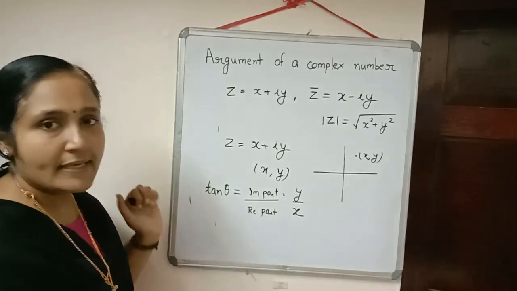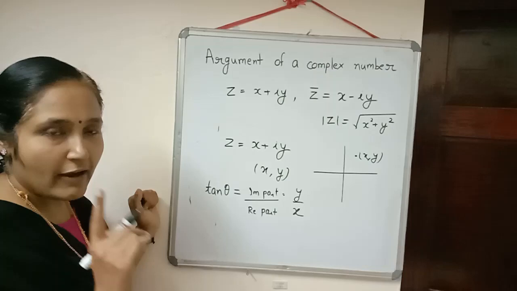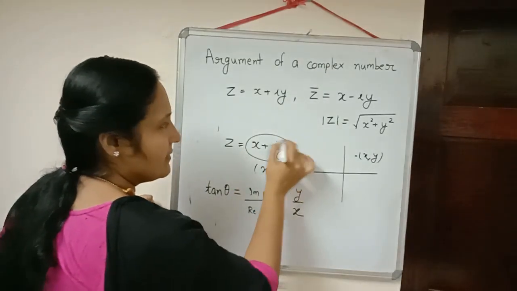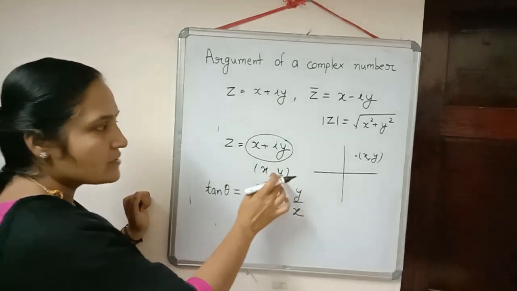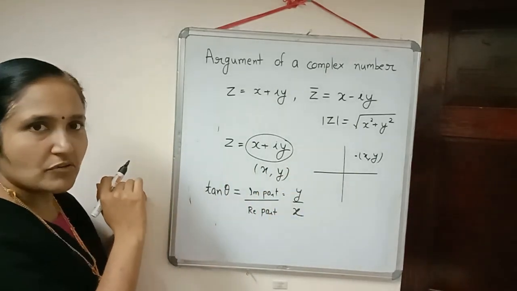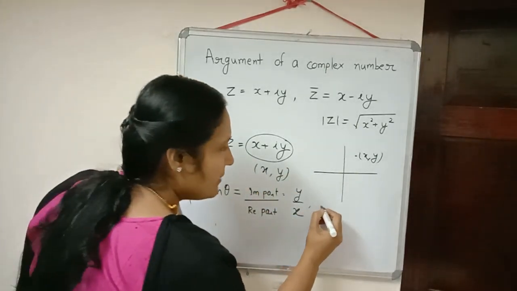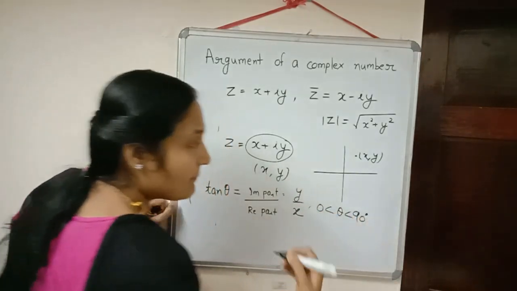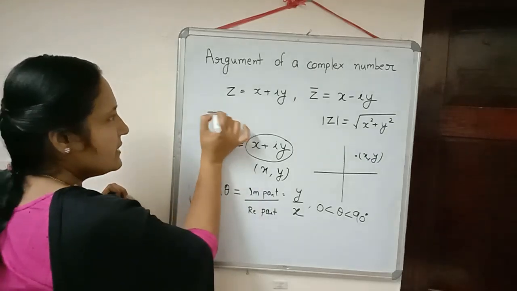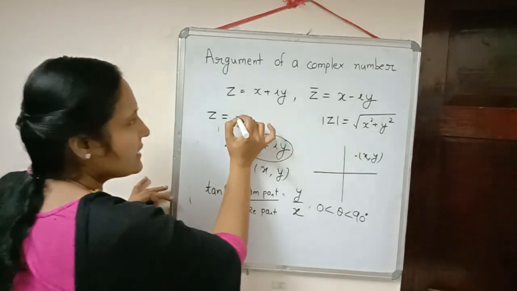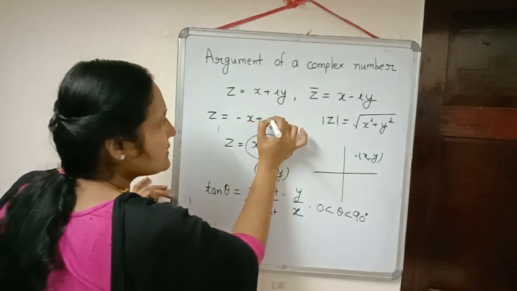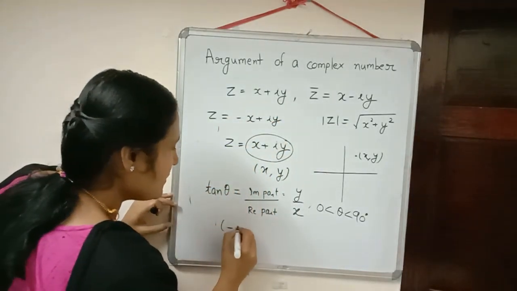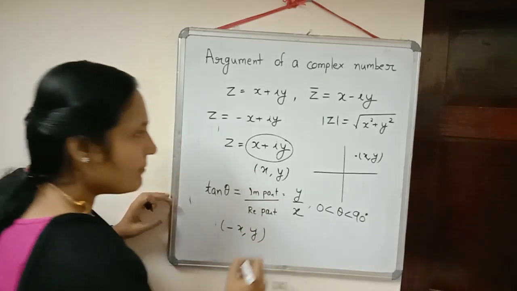But while calculating the value of theta, you have to check one thing only: the points are in which quadrant. Here, at present x comma y is in the first quadrant, so we will write the angle between 0 and 90 degree. Correct? Sometimes if I write the complex number as z is equal to minus x plus iy, then in the coordinate system it will come as minus x comma y.